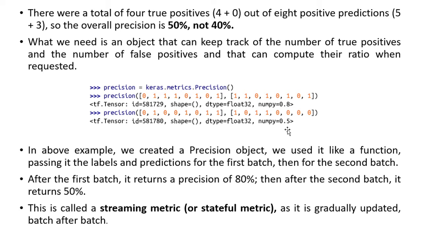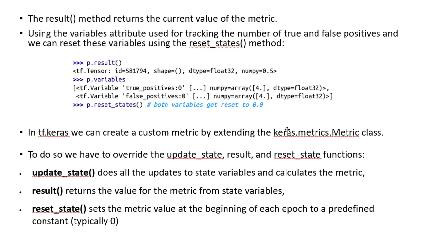This kind of example, we consider as a streaming metric or a stateful metric. That is, the result is updated one batch after another. Now, if you want to check the result, we would use the result method, which gives us the current value of the metric.